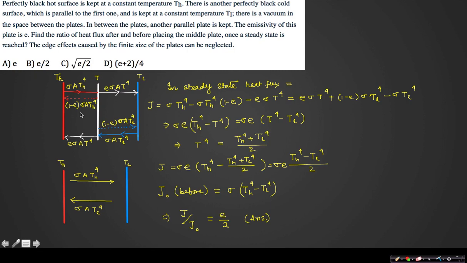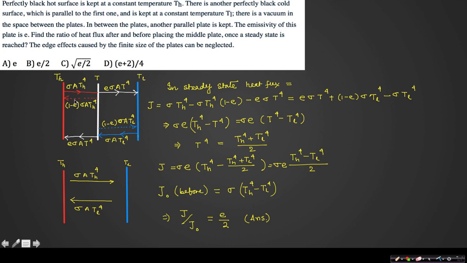It says that initially, when there was no plate inserted between these hot and cold surfaces, as we know, the heat flux or heat current per unit area was simply sigma TH power 4 minus TL power 4. That was before. What happens if I place an intermediate plate having an emissivity E?